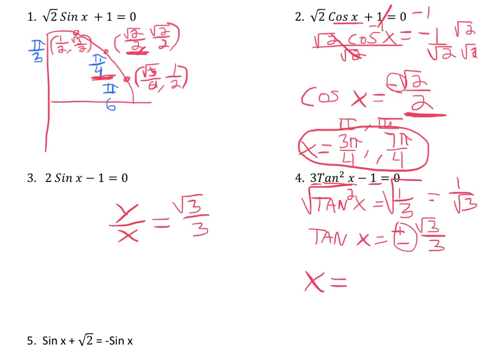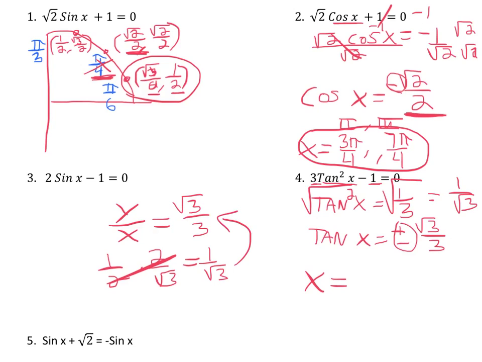There's no way it could be pi over 4, because there are no root 3's in it. It's actually going to be pi over 6. To check it, take this y, which is 1/2, and divide it by root 3 over 2. That's the same as multiplying by its reciprocal, 2 over root 3. These cancel, it's 1 over root 3, and when you rationalize it, it equals that. So the reference angle is pi over 6.